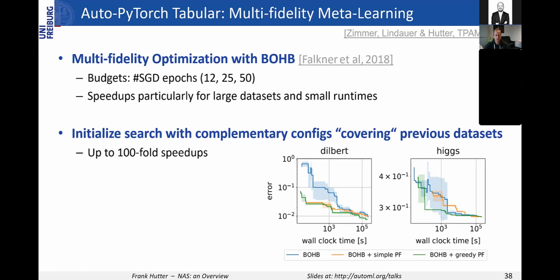So this was this approach of covering previous data sets. We could also just initialize with the single architectures that work best on individual previous data sets. That wouldn't work quite as well, but rather it was important to pick architectures that work well on average across many of the previous data sets.